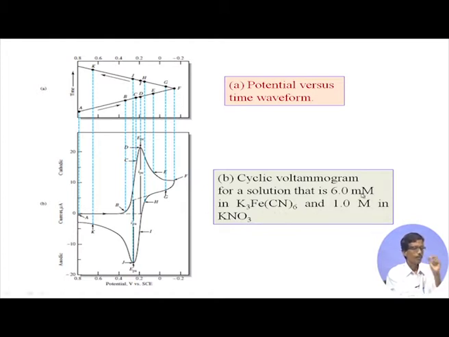One is in the millimolar range, 6 millimolar concentration of your electroactive species, which is potassium ferricyanide. Along with that, we add 1 molar of potassium nitrate. So you see the concentration you require to add for the measurement is that of potassium nitrate.